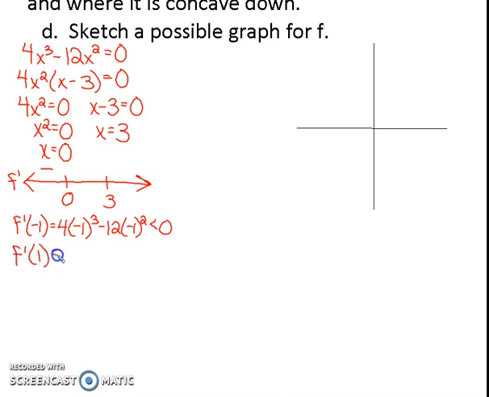Maybe I'll try positive 1. And we would end up with 4 minus 12, which is also a negative number. That tells me that I do not have a maximum or minimum at 0 because I decrease and I continue to decrease some more.